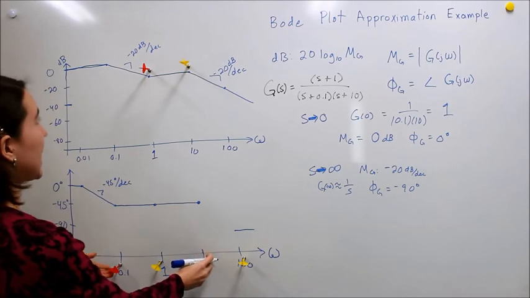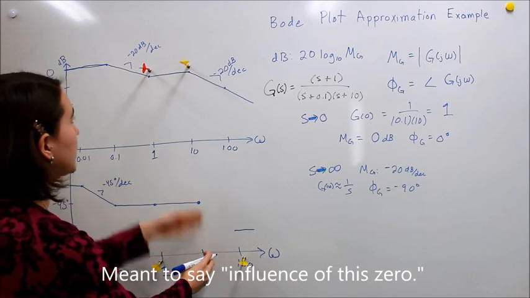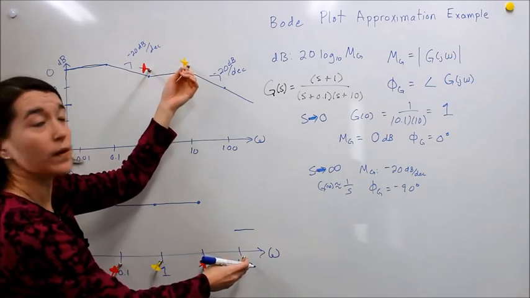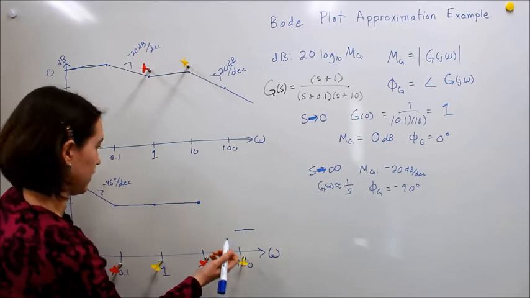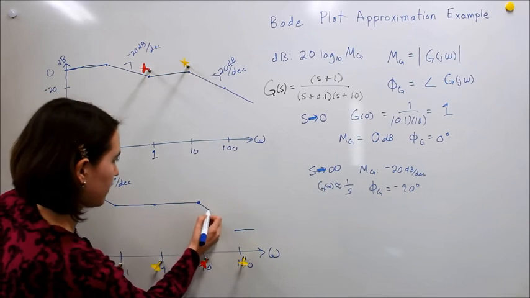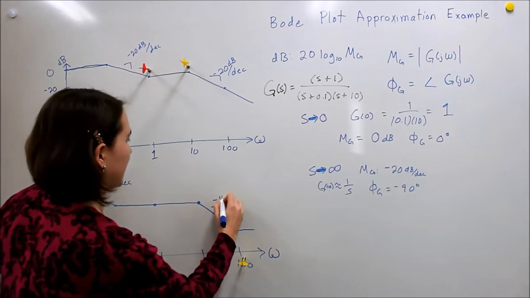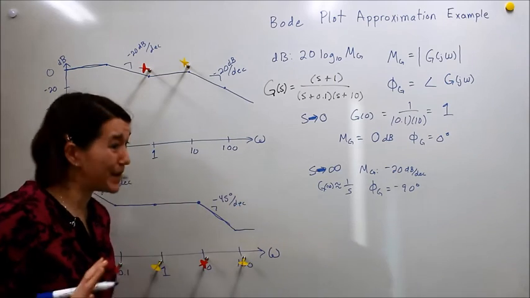And then we reach the end of the influence of this pole. And now between here and here, we just get the effect of this final pole at 10. So we'll get a negative 45 degrees per decade. So here's that here. And I recommend labeling these in case you're not as good of a drawer as I am.